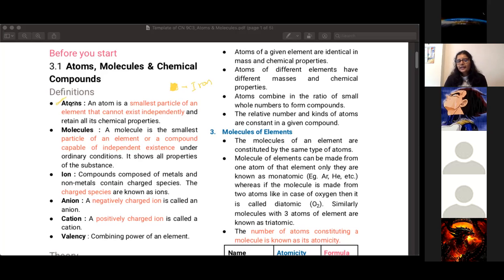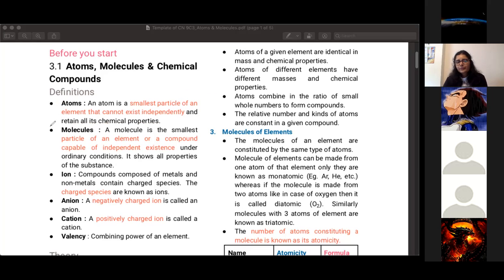If you break an atom down, it won't have the properties of iron anymore. It turns into a completely different thing with different properties. So the smallest substance that can exist independently while still retaining all its chemical properties, that's an atom.